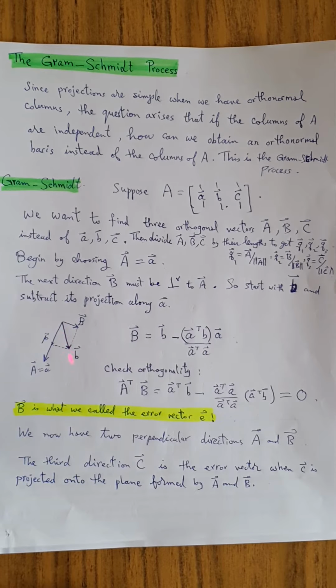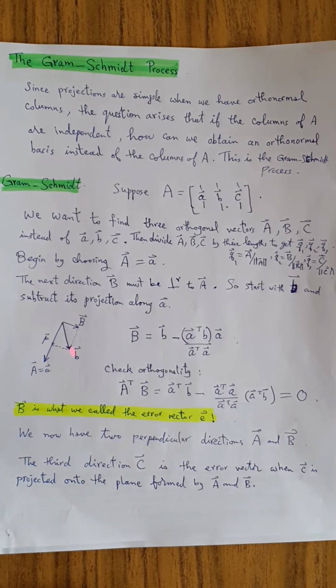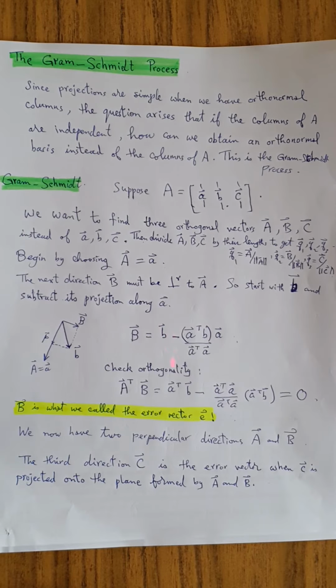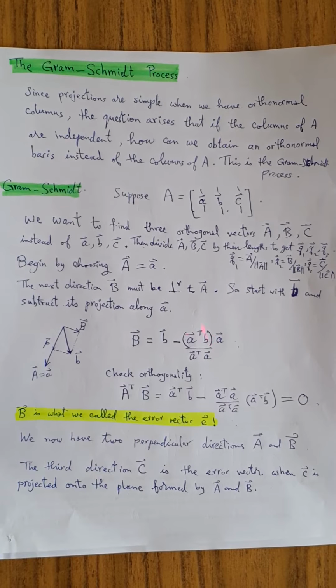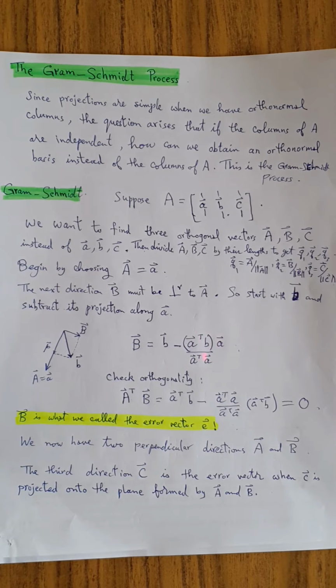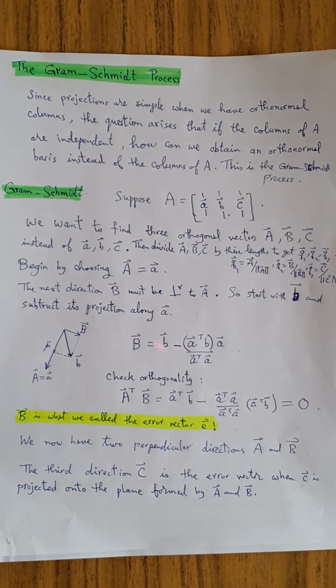Okay. The projection of b onto A is p, small p, okay, and capital B is the error vector. So capital B is small b minus the projection, A transpose b divided by A transpose A, times A. Okay. We can check orthogonality.